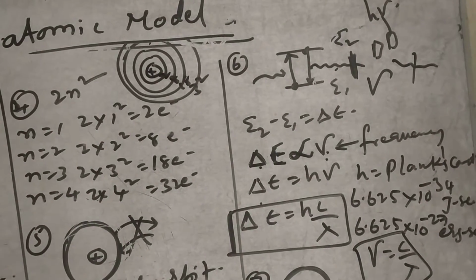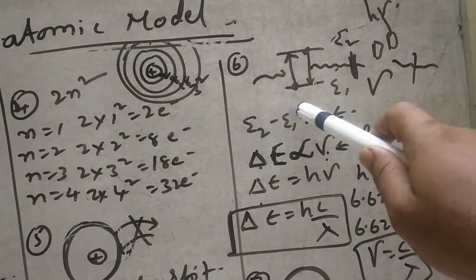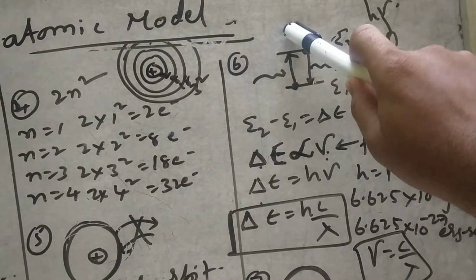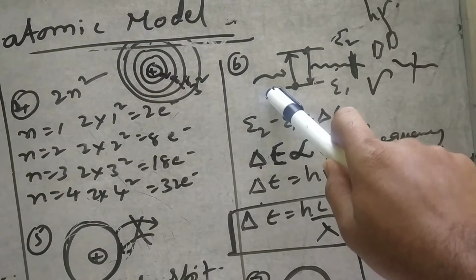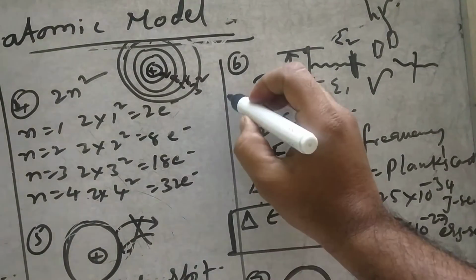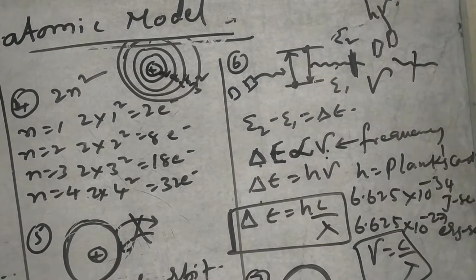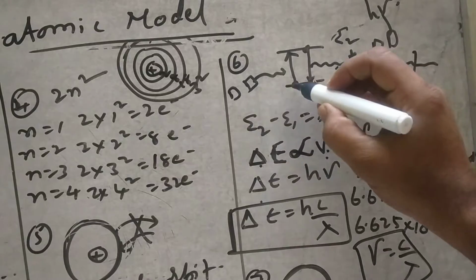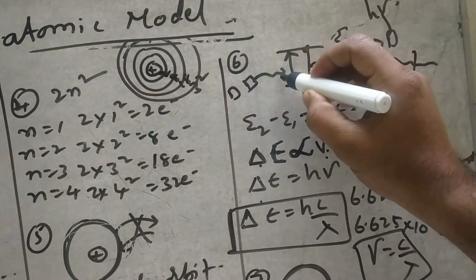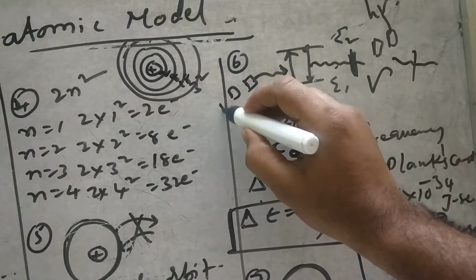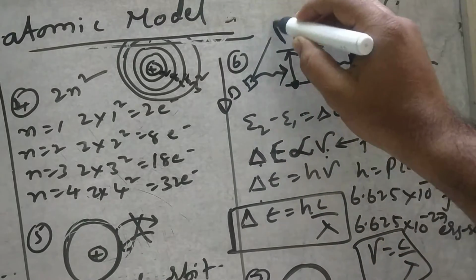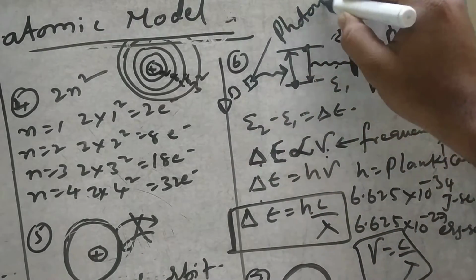Then the sixth point. When an electron jumps from a lower level to a higher level, energy is absorbed in the form of energy packets only. According to Planck, this packet is known as a photon.